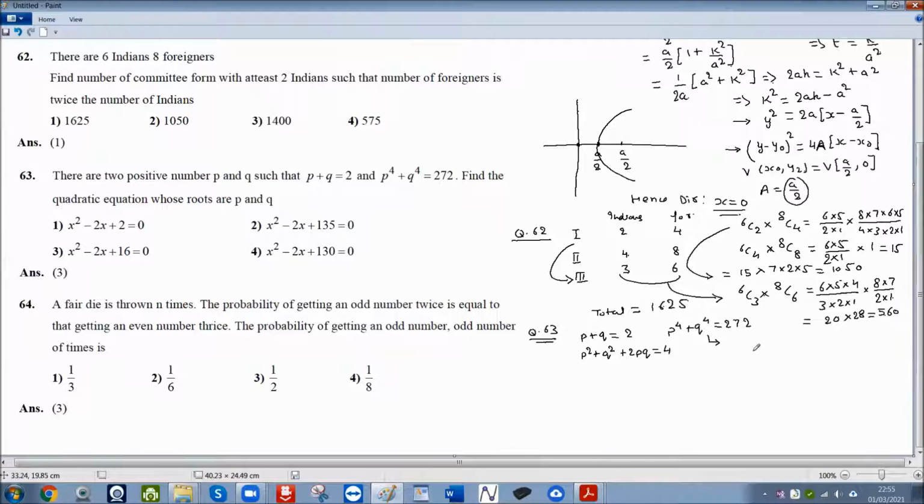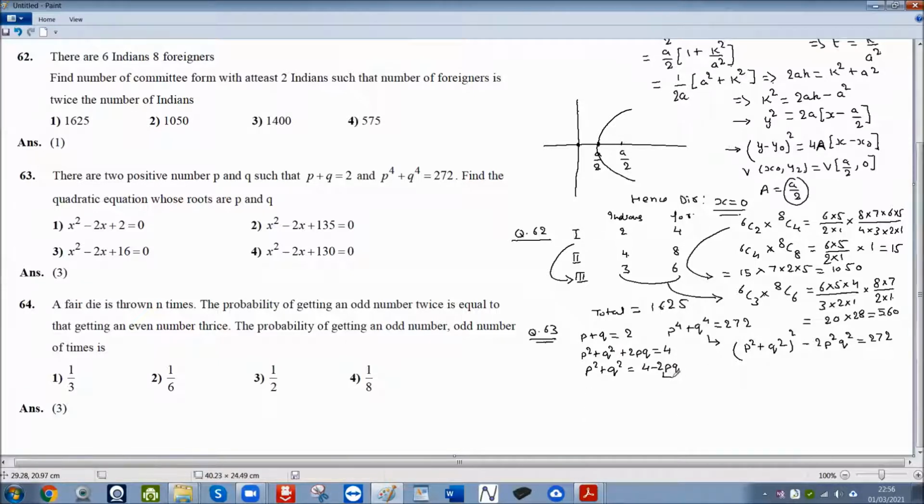We adjust this one as P square plus Q square whole square minus 2P square Q square is 272. So from here we can put P square plus Q square as 4 minus 2PQ.